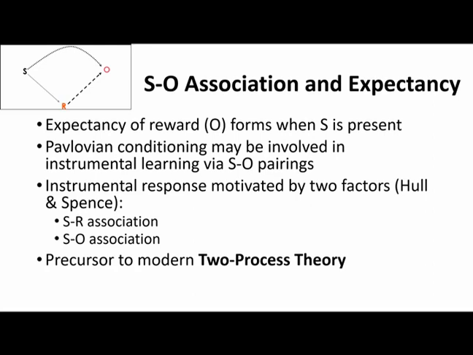The basic process of learning about a stimulus and a reinforcer is Pavlovian conditioning. But in order to understand this reward expectancy aspect, we need to consider how those Pavlovian processes get folded into this instrumental conditioning idea. So we've already said that this SR association comes to exist because of our reinforcer or our outcome.